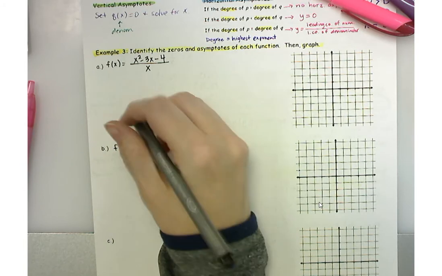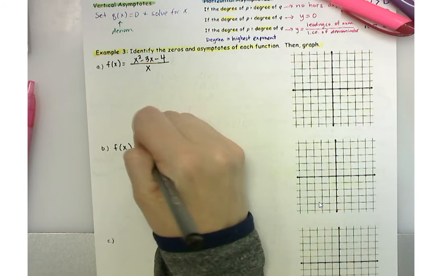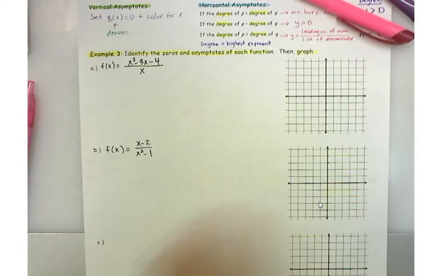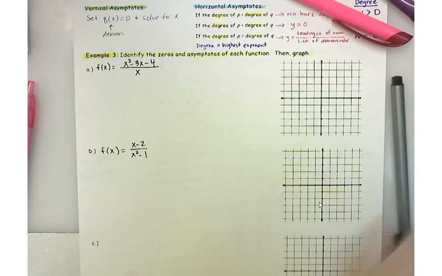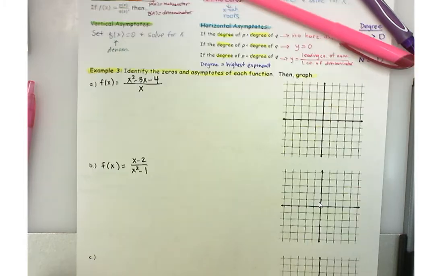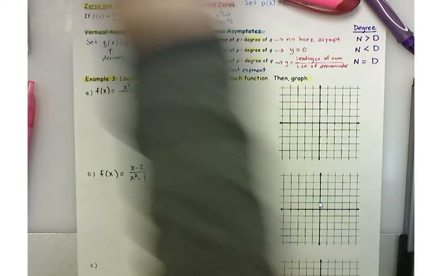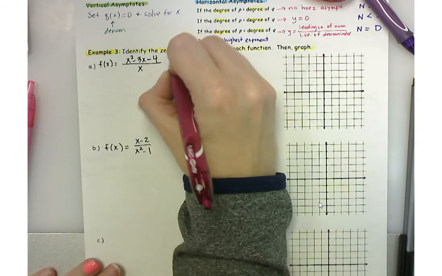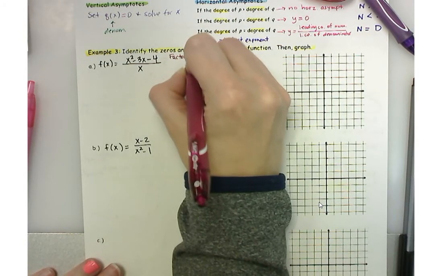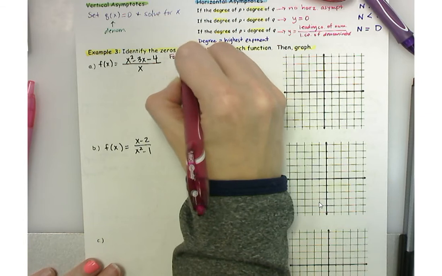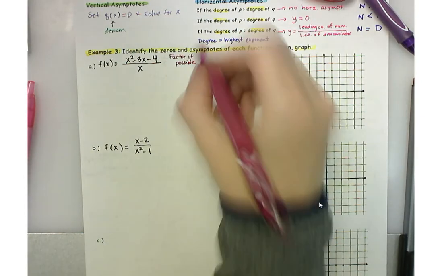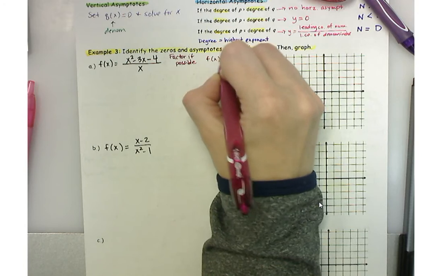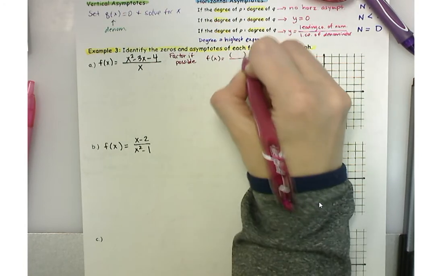So remember, the first thing that we're going to do is find the zeros. To find the zeros, you set the numerator equal to 0 and solve. Now that I already have the numerator factored, I can use my zero product property. So x minus 4 equals 0, or x plus 1 equals 0.